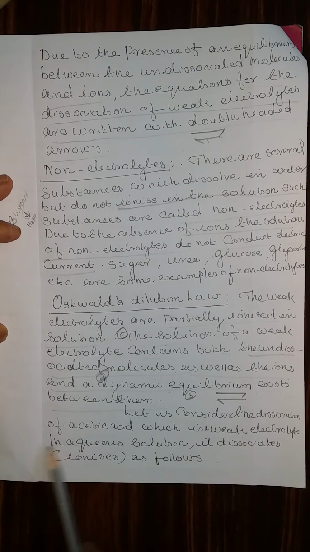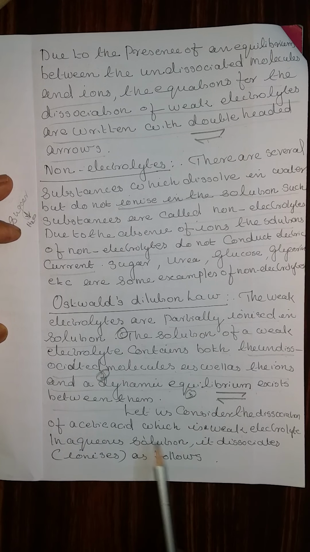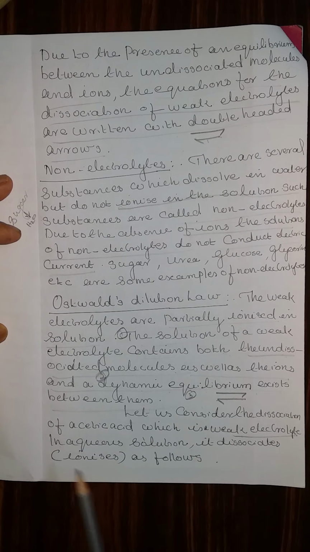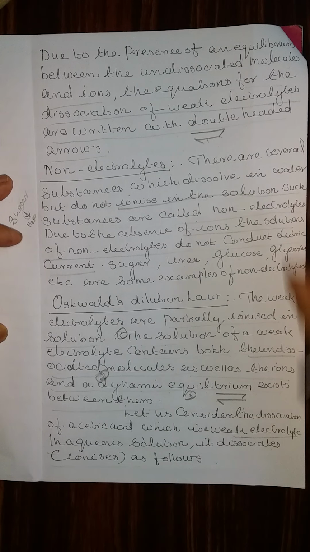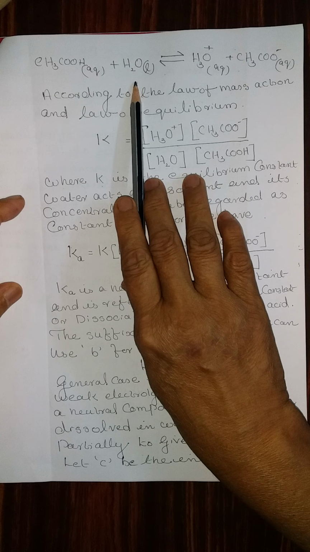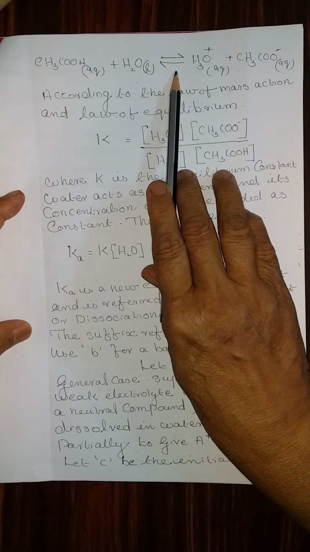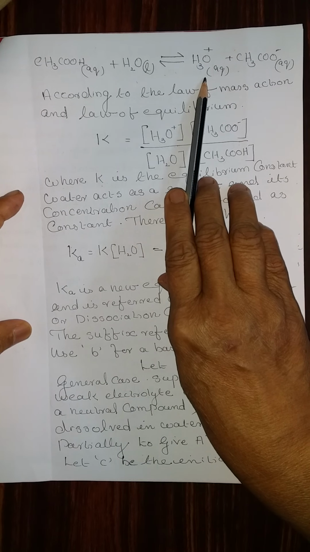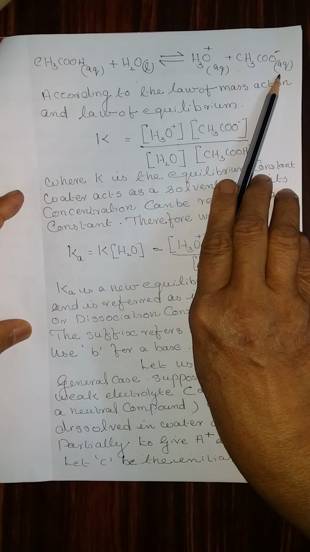Let us consider the dissociation of acetic acid, which is a weak electrolyte. In aqueous solution, it dissociates or ionizes as follows. Acetic acid ionizes in water and forms, with a reversible arrow, hydronium ion and acetate ion.